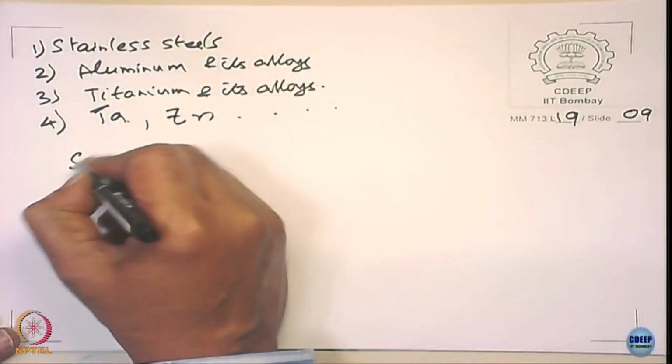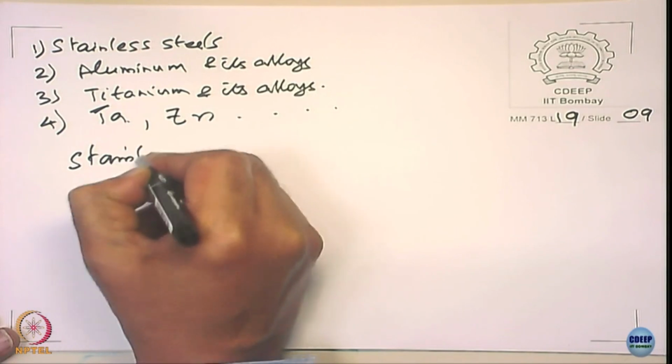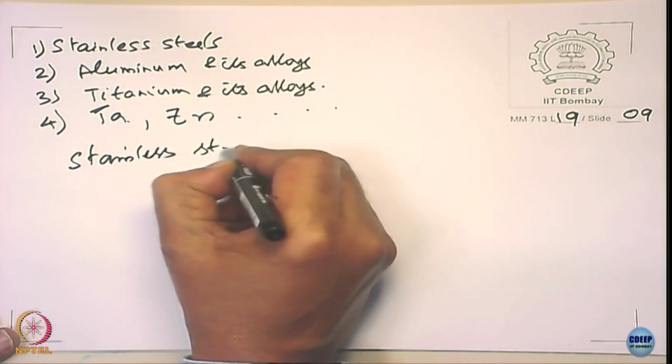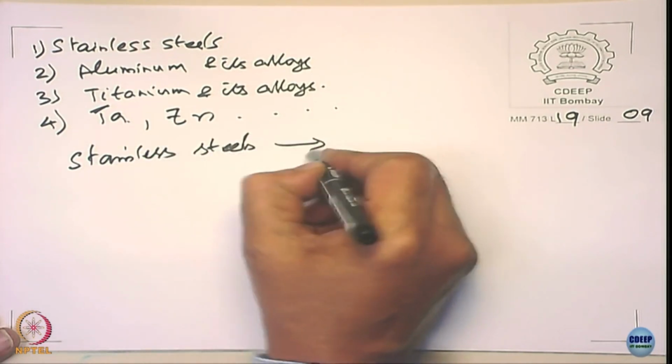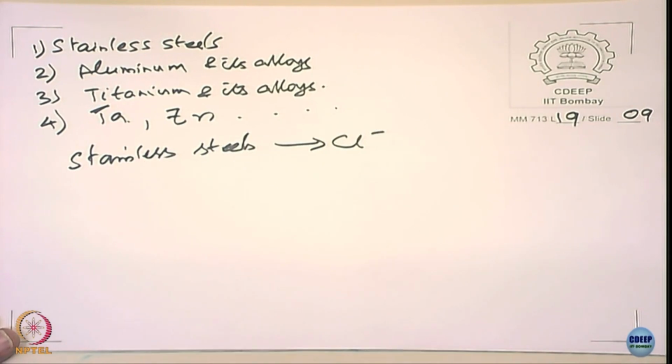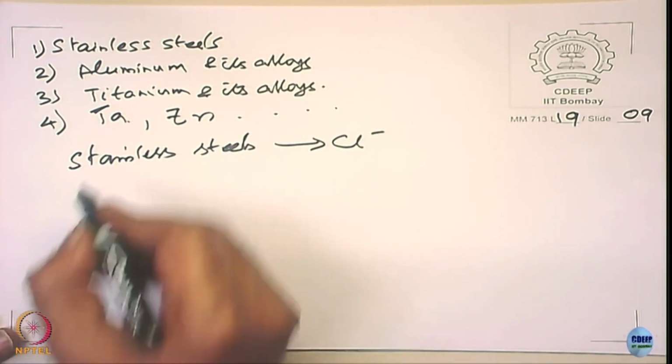Now all of them can undergo pitting, okay. For example, stainless steels pit in chloride media, so does aluminum.